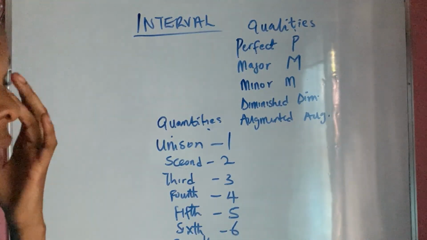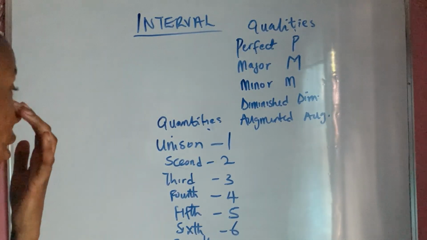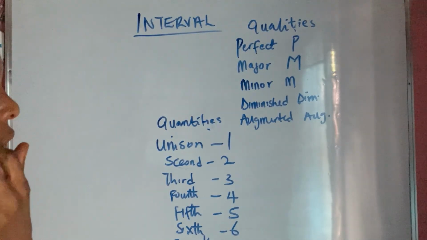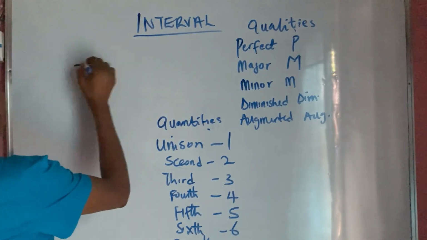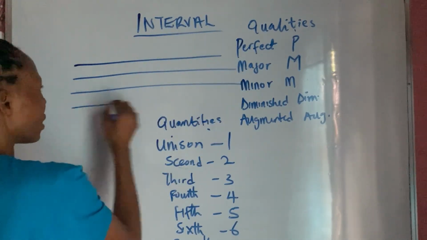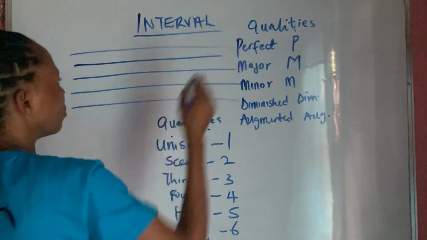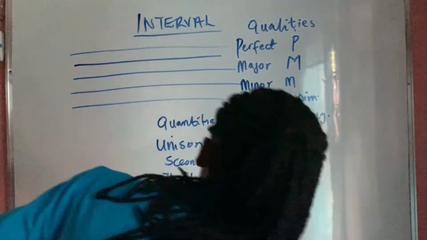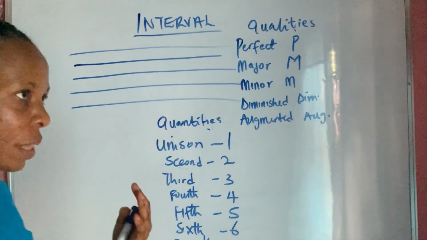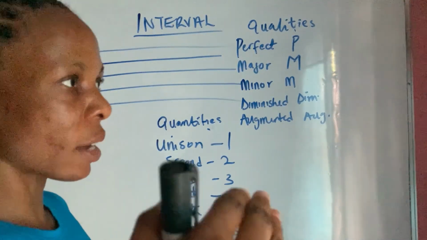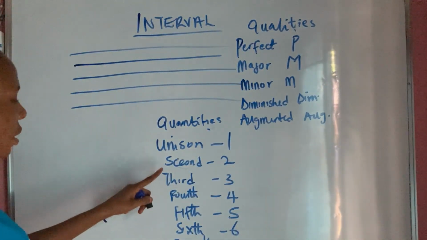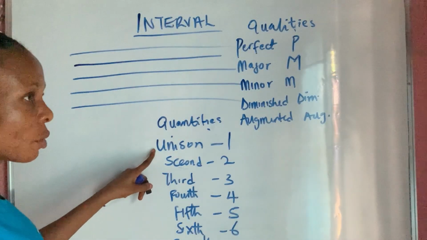Now, the number that has unison. Okay, let's draw a staff. Today we need to build the knowledge so that from next class we just move. This is a staff. Now the quantity has to do with the number of the lines and the spaces involved. For instance, if we're talking about unison, let's start from unison.